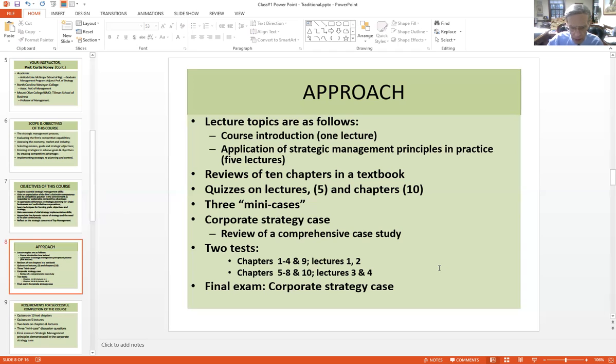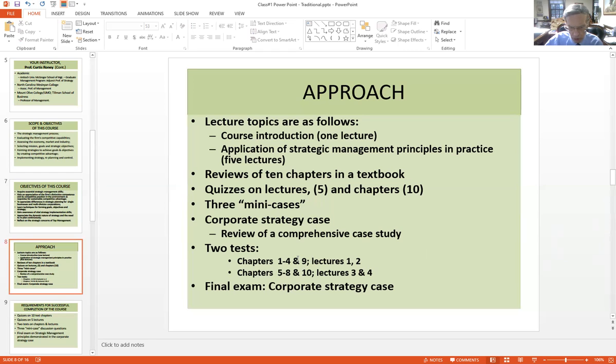Okay. You may notice that chapters 1 to 4 are followed by chapter 9. Chapter 9 is on ethics, and chapters 1 to 4 are on internal capabilities and methods, as opposed to forming strategy later on.